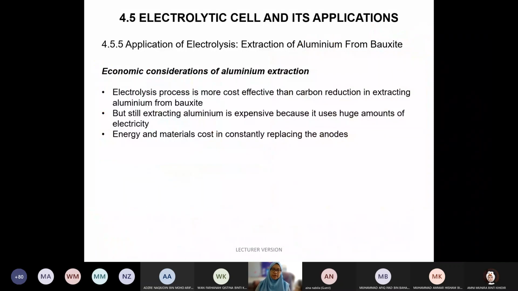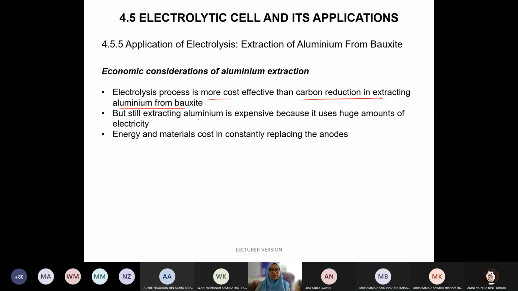Right? So the application, this is economic consideration of aluminium extraction. Okay, electrolysis process is more cost effective than carbon reduction in extracting aluminium from bauxite. I think this is like the alternative to extract aluminium. Okay, but electrolysis is more cost effective.